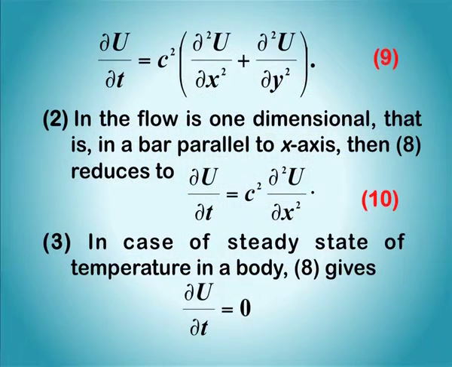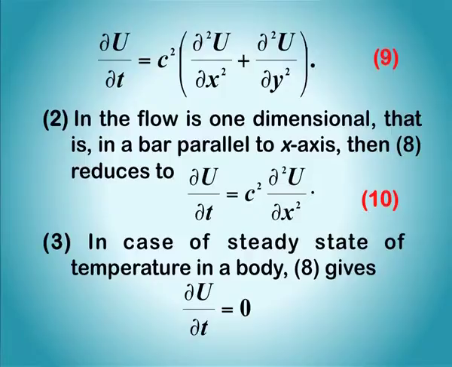So, du dt is equal to c square times d2u dx square plus d2u dy square. The second special case is when the flow is one dimensional, that is in a bar parallel to the x axis. Then going back to equation 8, we find that it reduces to du dt equals c square d2u upon dx square. Since there is no z, no y, only x remains, equation 10 is the outcome.